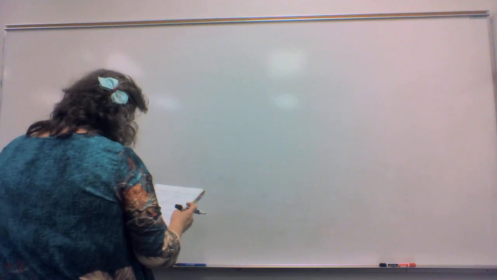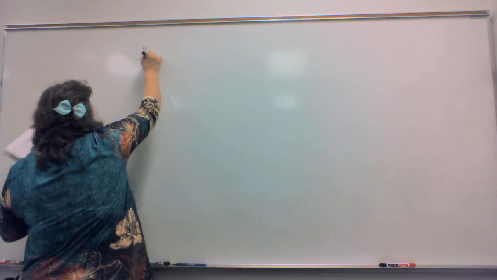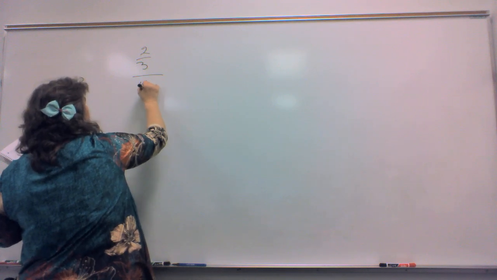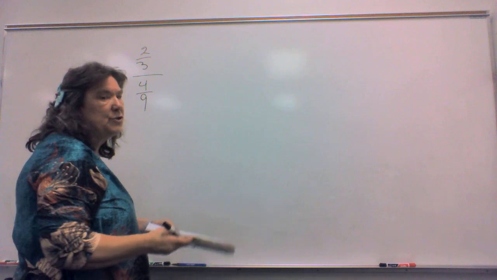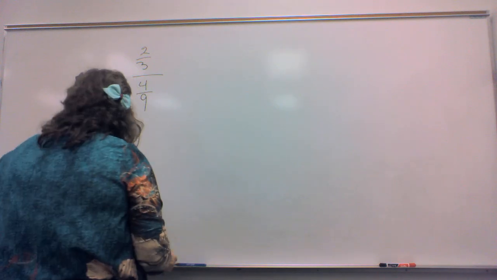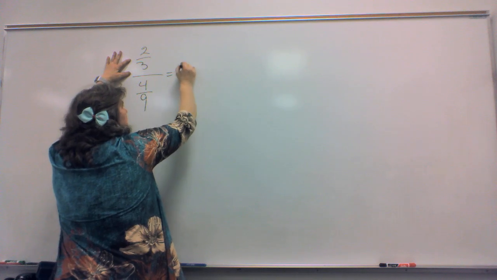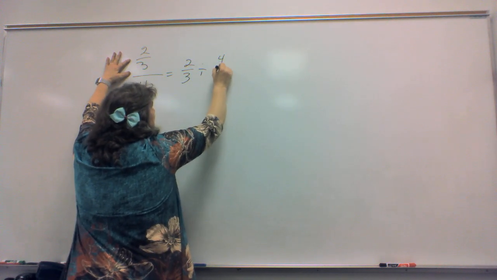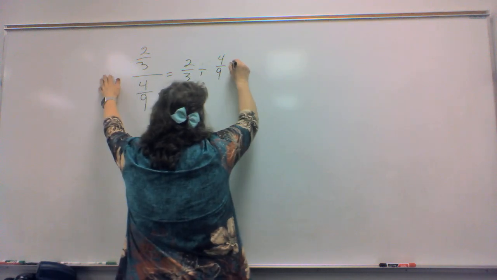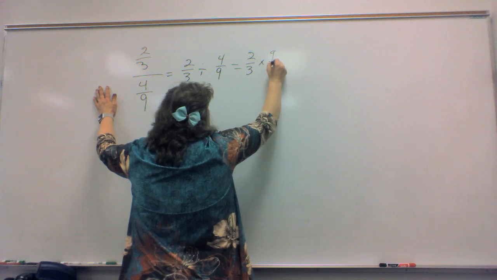So let's do one of these first as a simple one that we can do. So if I have 2/3 over 4/9, there's two ways I can do this. The first way is to simply take and rewrite this as 2/3 divided by 4/9, and then do keep, change, flip: 2/3 times 9/4.